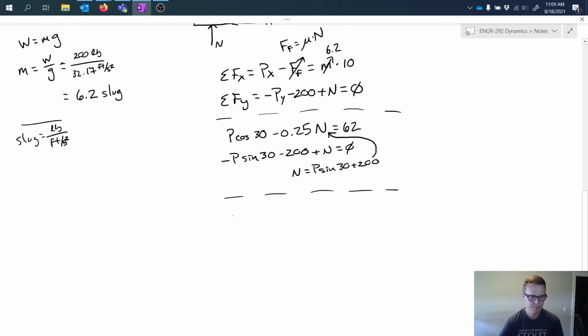Doing that, I get p cosine 30 minus 0.25 times p sine 30 plus 200 equal to 62. I'm going to pull my variable p out of both of those equations.